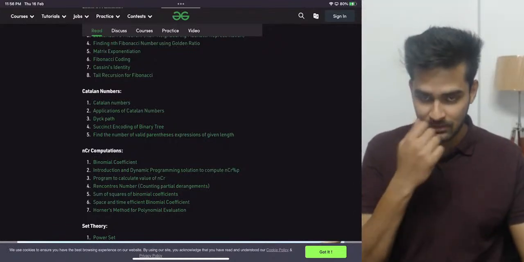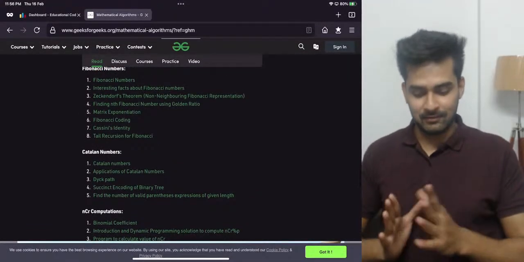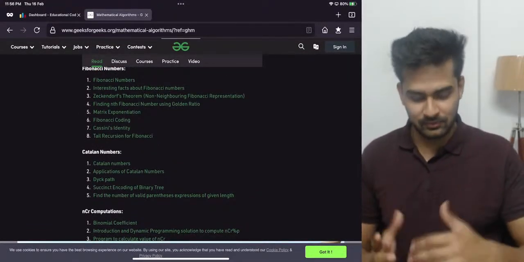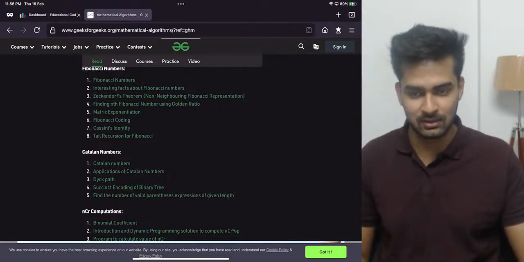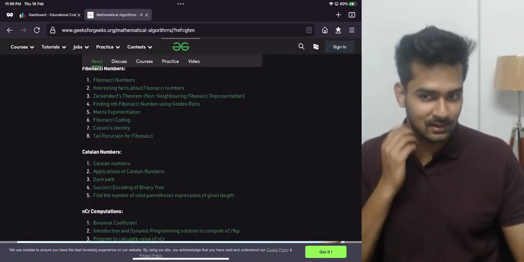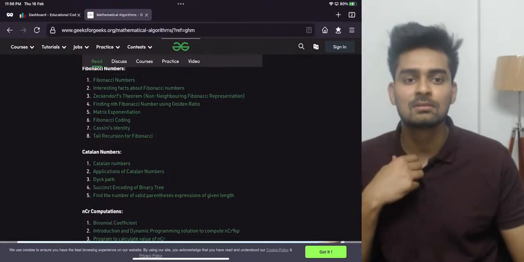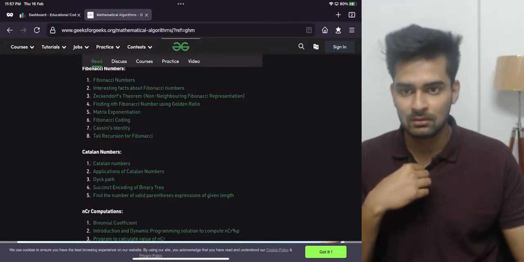Let me just open it. So basically, I have a file from when I was learning maths for CP. I made a file in which I wrote all the codes I would ever need for maths. Let me just try to find it if I still have it.